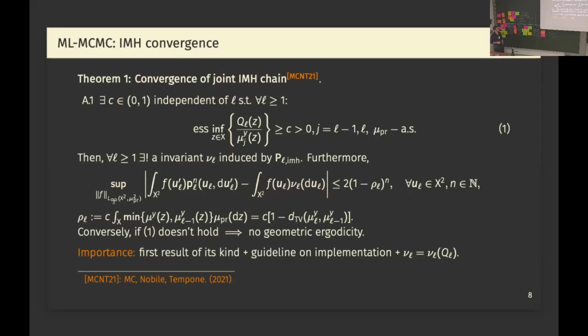It provides a guideline for the implementation because you should aim to satisfy this A1, or should at least see whether one can try to satisfy this. And third, a curiosity, I would say, is that this invariant measure nu_L is induced by the proposal, meaning that the invariant measure sort of depends on the proposal, which is definitely not the case in the single level counterpart.